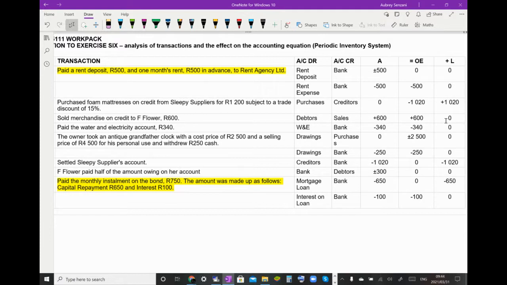In other words, we paid. So we just need to look for Sleepy Suppliers account. Oh, I was looking at this 300. I should have been looking here. So we need to go to previous transactions to find out how much we actually paid.